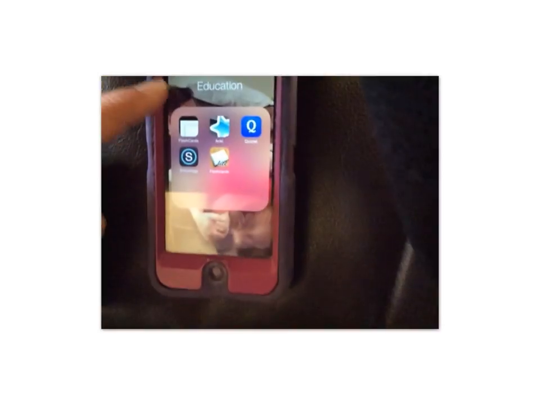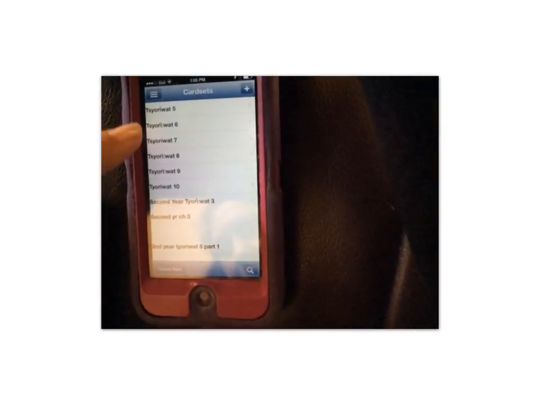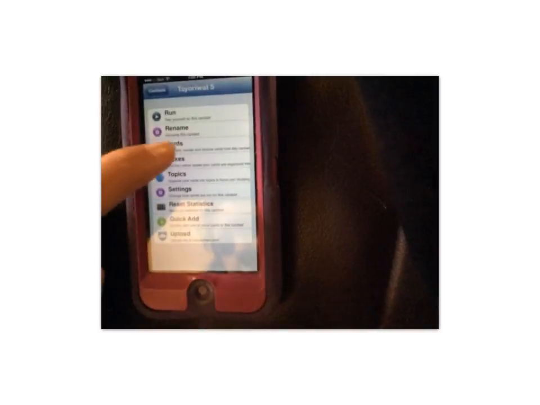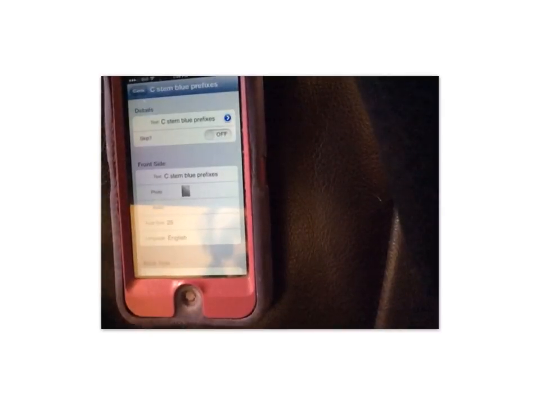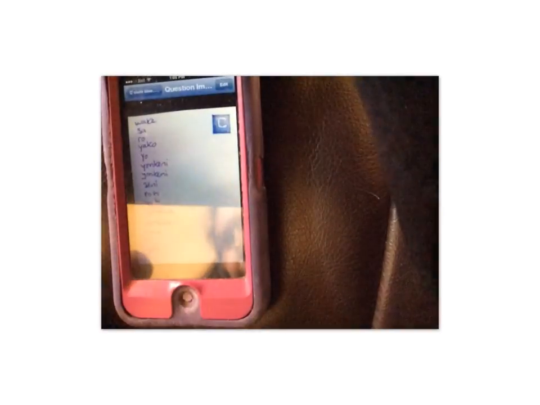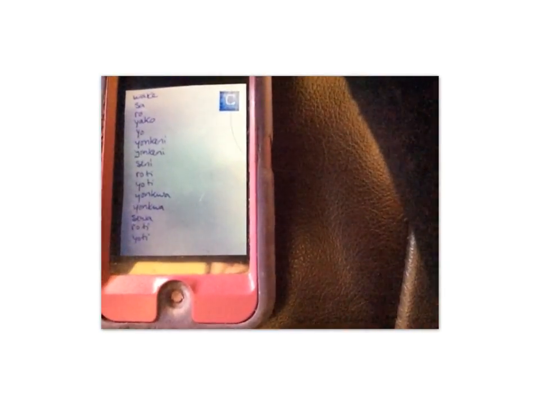So I took photos of the little paper cards that I made, and then I included them in my digital flashcard sets. So I have a photo here of that card for quick reference because I always have my phone with me.